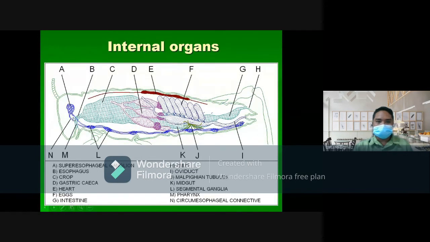Okay, from the esophageal ganglion, attached to the segmental ganglia or connectors.